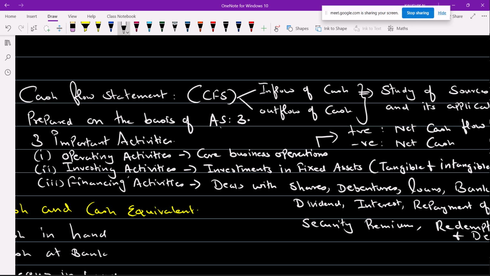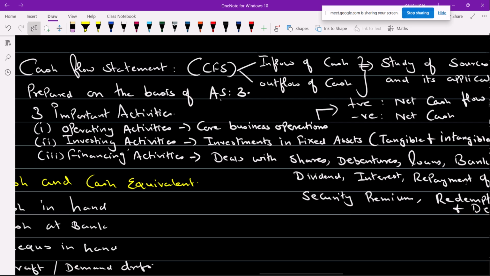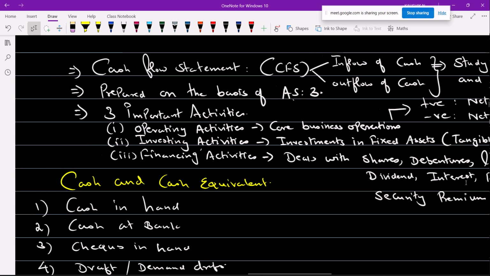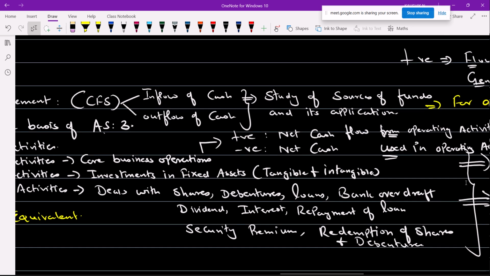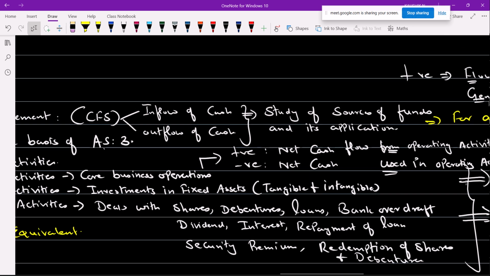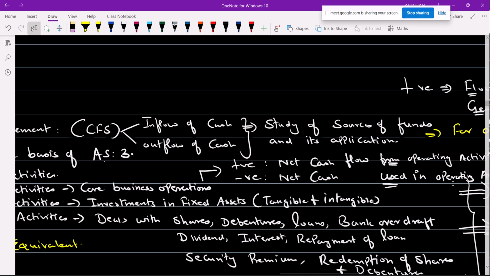What is a cash flow statement, why and how it is prepared, what activities come under it, how you declare positive and negative values, and examples of each activity. Also, under what accounting standard it is prepared, and who has to prepare it: compulsorily all business firms and organizations involved in the securities market, that is, issue of shares and debentures.